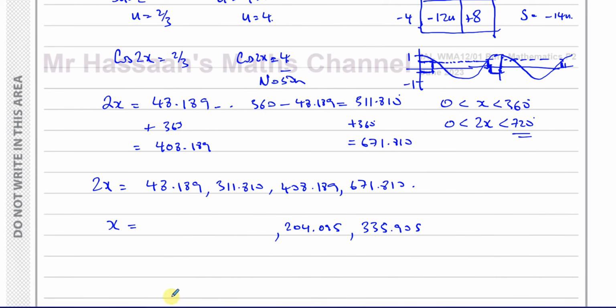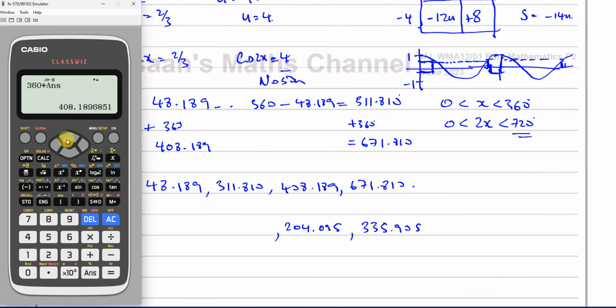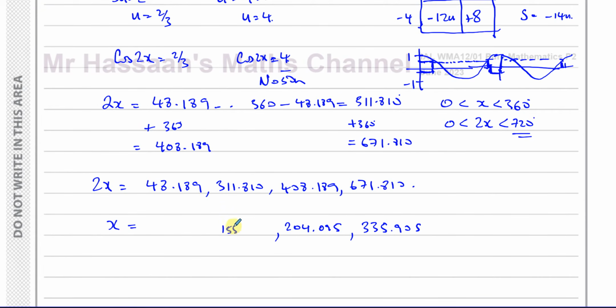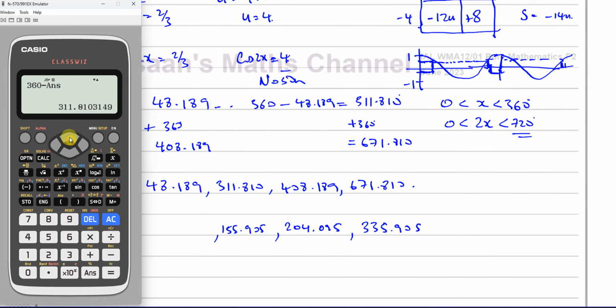Then we have 311.810, which we got by doing 360 minus the original answer. Divide this by 2, and that gives us 155.905. And then we have our original answer, 48.189. We divide that by 2, and that gives us 24.095.